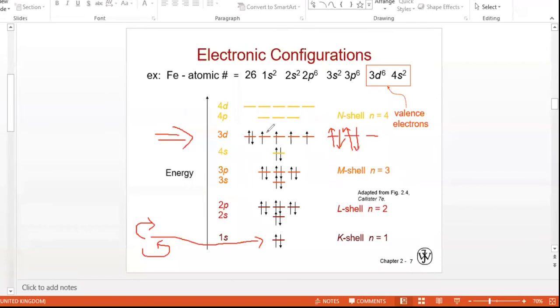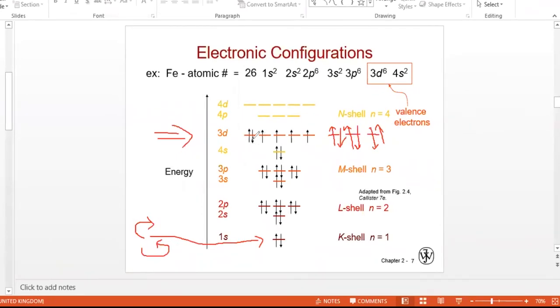Maybe in 3 lines we can denote 6 electrons: 1, 2, 3, 4, 5, 6. Why don't we denote it like this, why should we denote it like that? What's the reason?